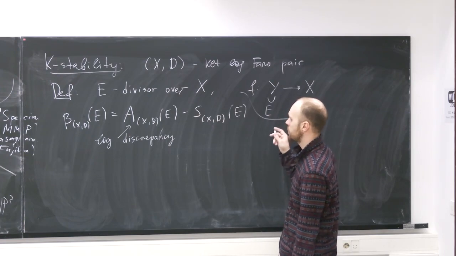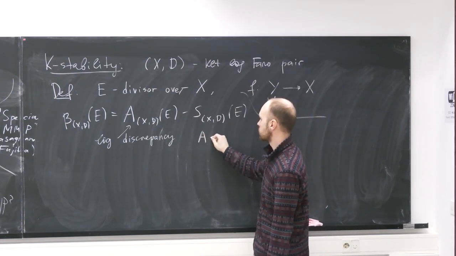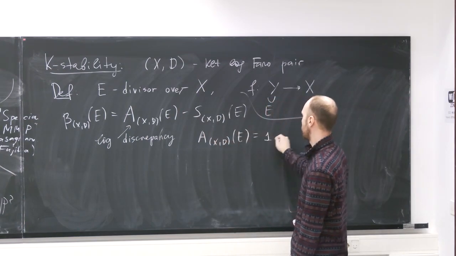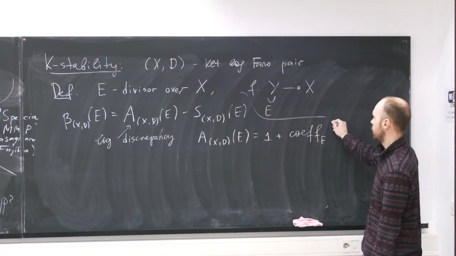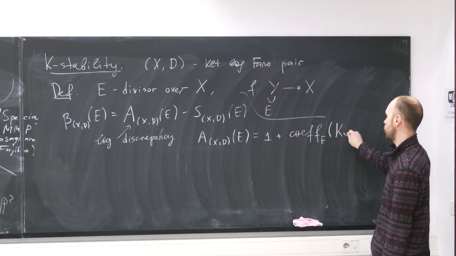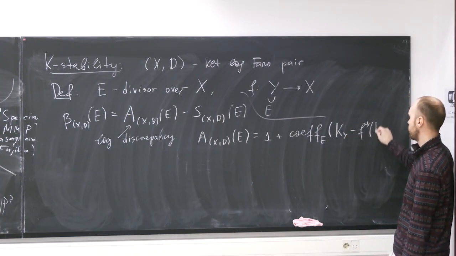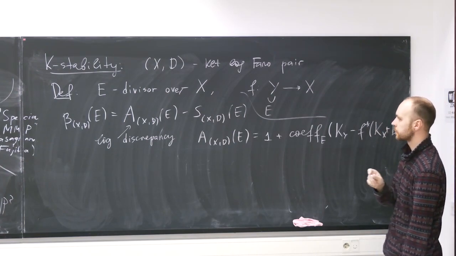Recall that the log discrepancy is just 1 plus the coefficient of E in the divisor K_Y minus f^*(K_X + D).